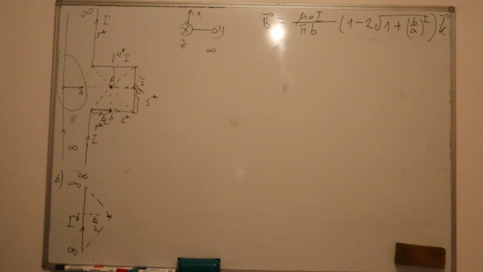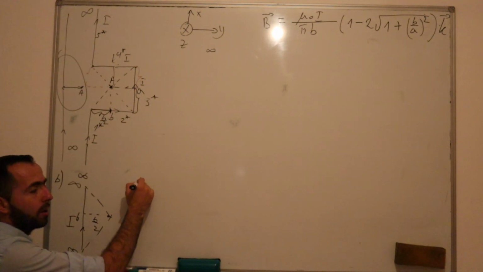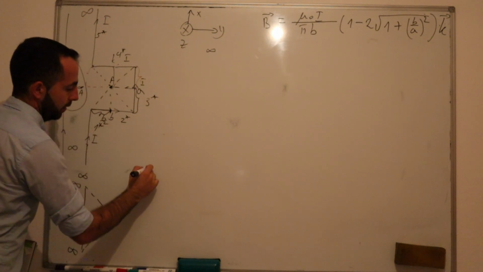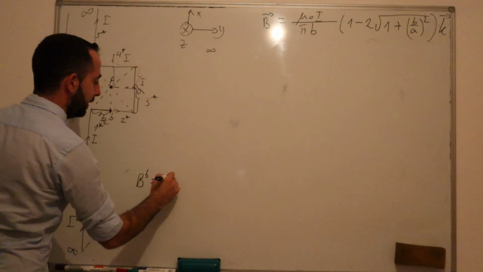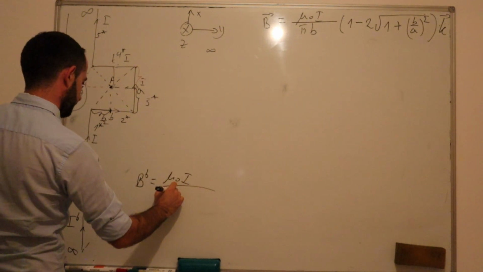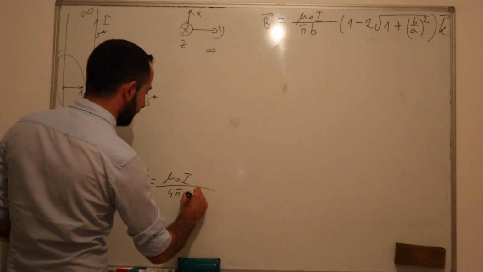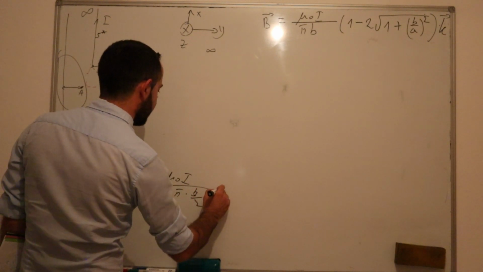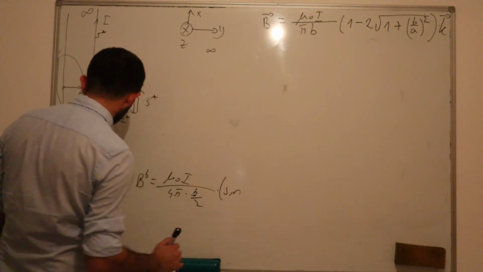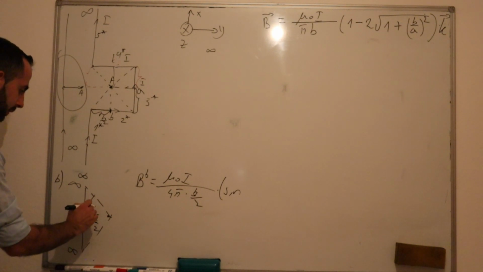We will equate them. So for this case, using Biot-Savart's law, for case B, we will say it is mu0 I over 4 pi times d, where the distance is b and a half, times sine phi 2, because it is an infinitely long conductor.